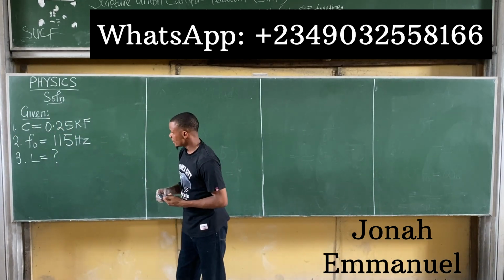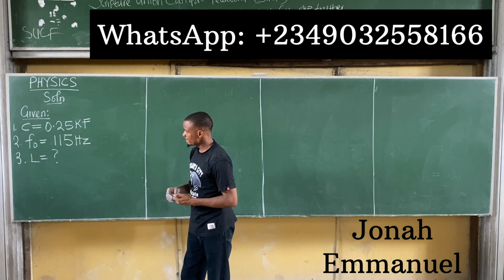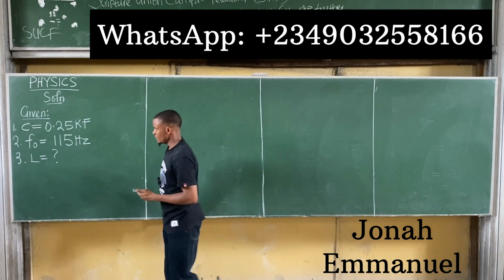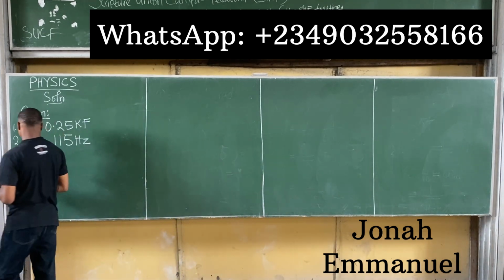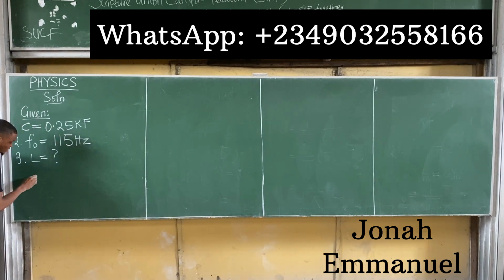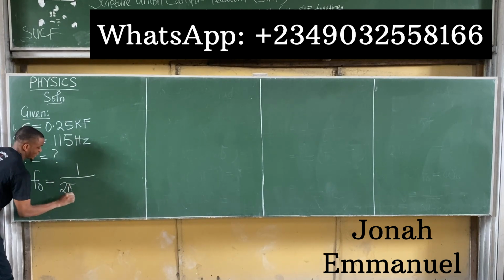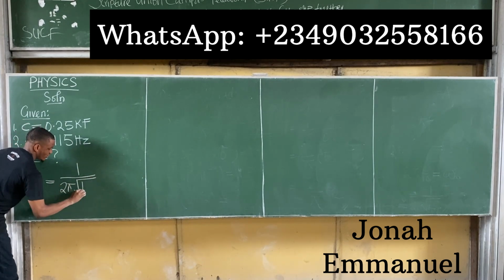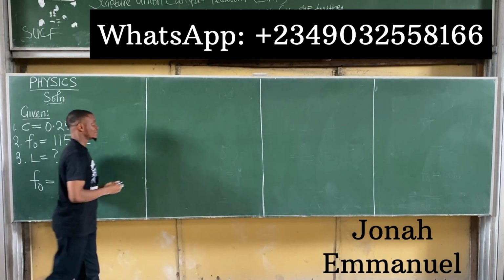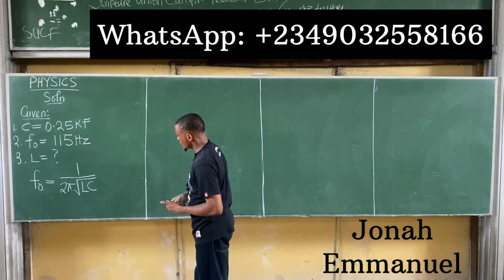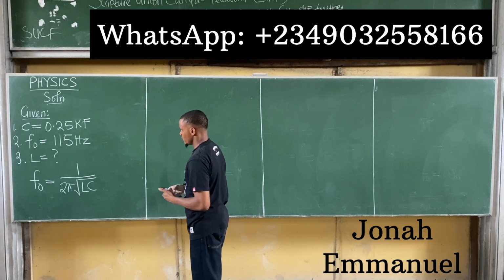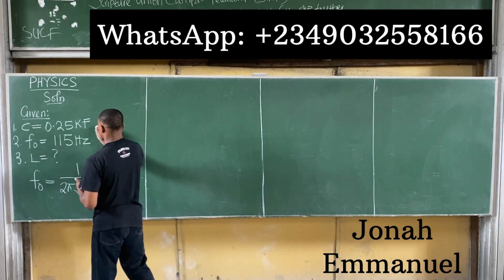Let's get this done. So how do we solve this? For this case here, my first task would be to recall the formula for resonance frequency. So recall that for resonance frequency, your formula is 1 all over 2 pi root LC. So with this being the case, what's next here? Let's substitute values.